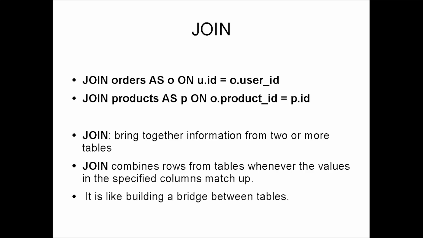An example. Join orders as o on u.id equals o.user_id ties each user to their orders. Join products as p on o.product_id equals p.id links those orders to the product spot.